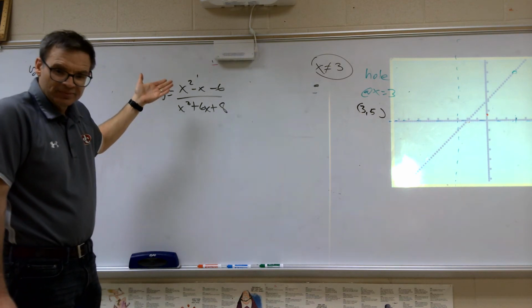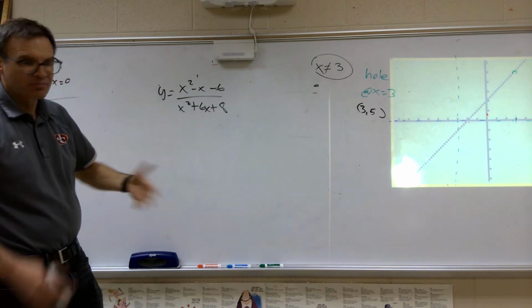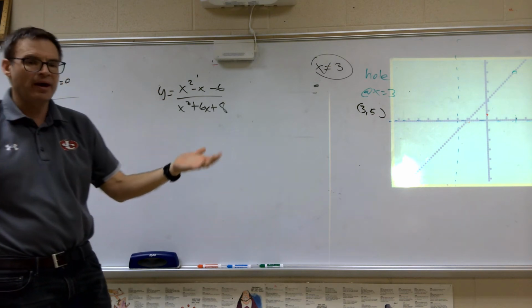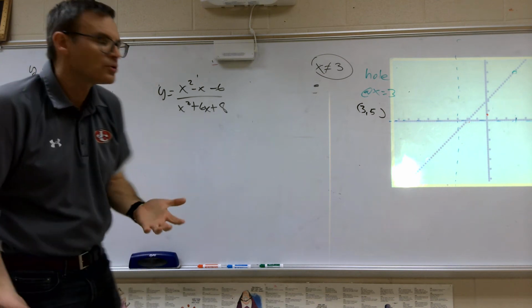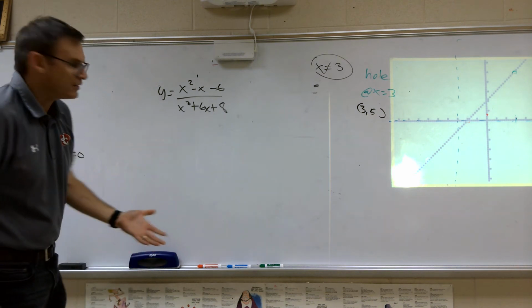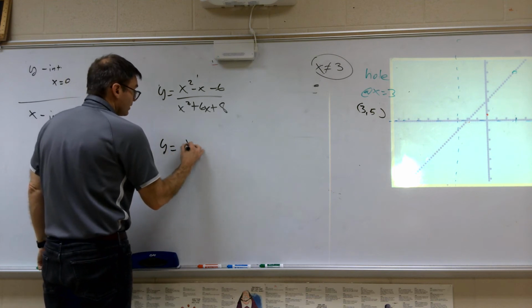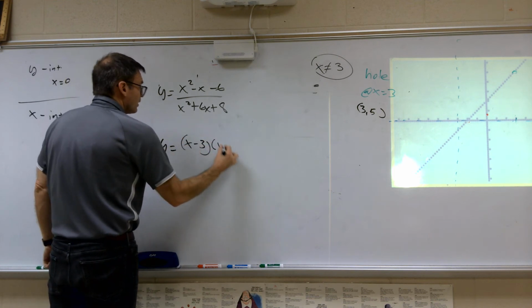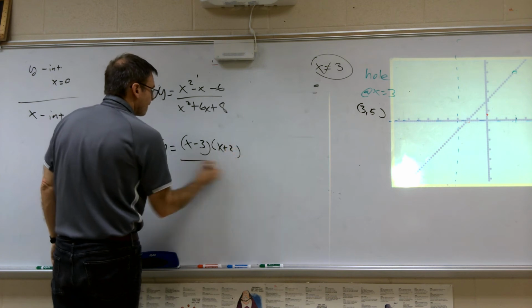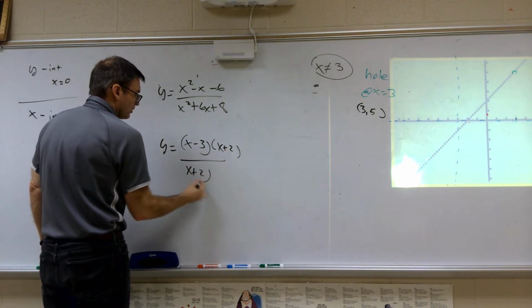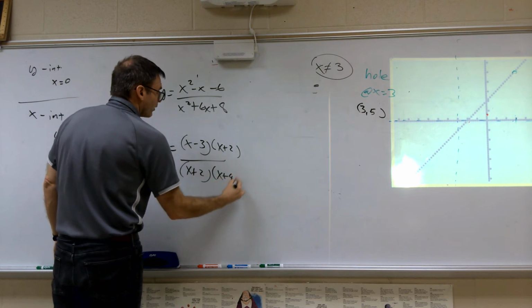Given this, which is about as ugly as it gets, and you're asked to find x-intercepts, y-intercepts, and holes, the first thing you do is factor. So now I factor this. This is going to give me x minus 3, x plus 2 on top, and on the bottom, I'm going to end up with x plus 2 and x plus 4.